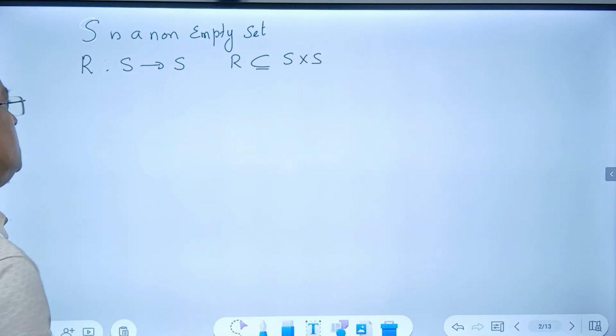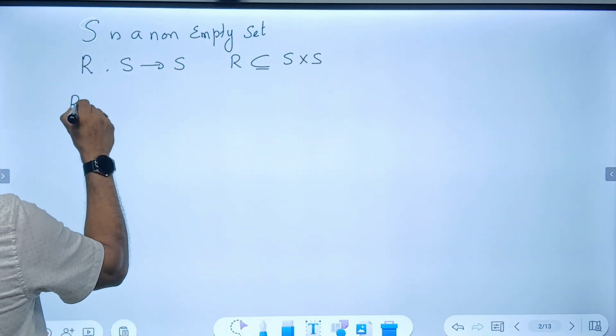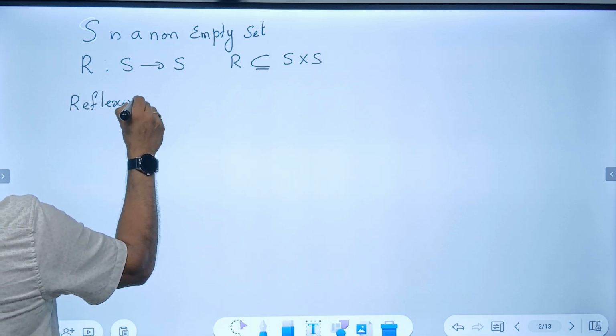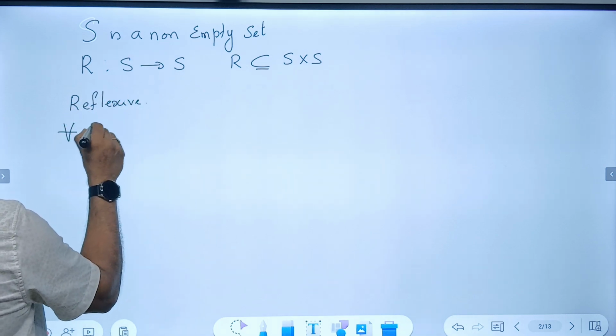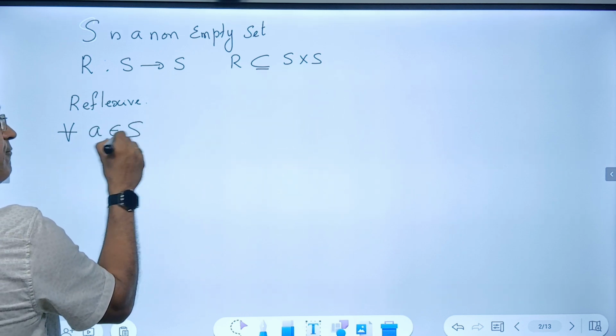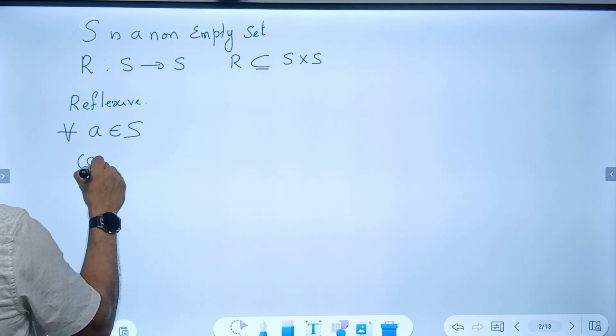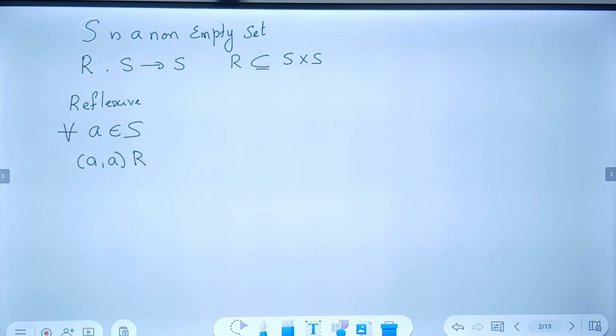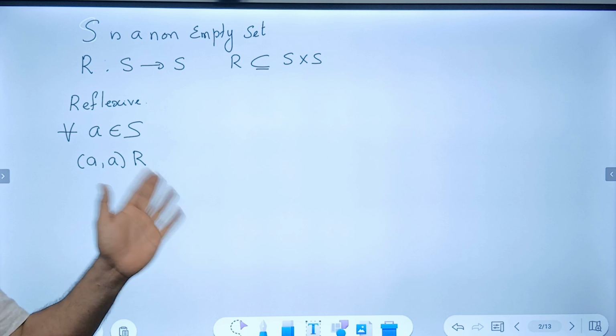Now, there are different types of relation. One is called reflexive. What is a reflexive relation? For every A belongs to S, A must be related to itself. I gave you plenty of examples of what a reflexive relation is and what is not a reflexive relation.